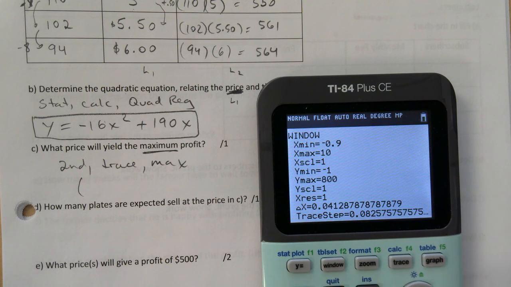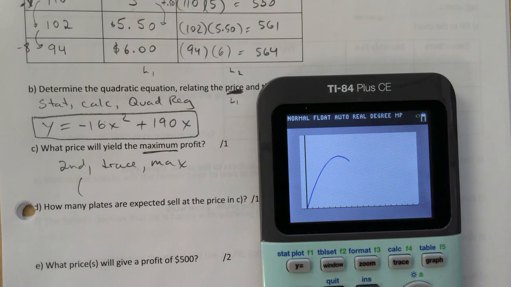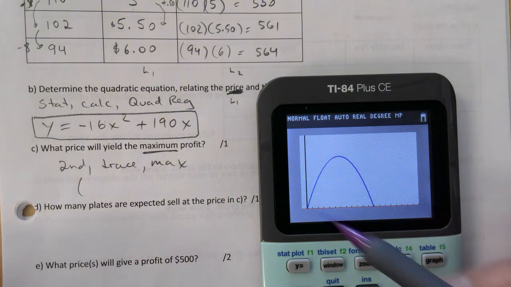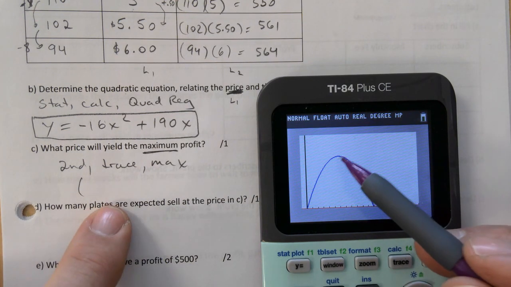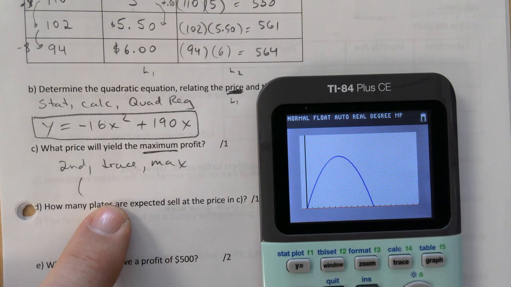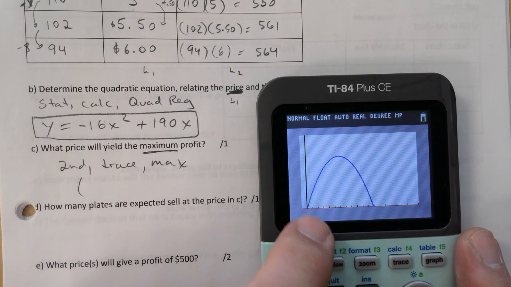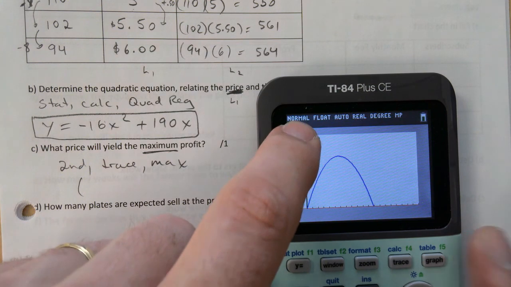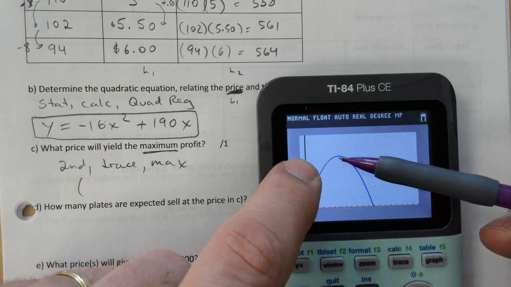So window, X max, I'm going to go to 20. Let's see if that works. Yeah, that works, so I see the whole parabola. I'm going to focus on the max, because that's where I'm going to get the highest profit. Profit is along your y-axis, so you want to get to the highest point.